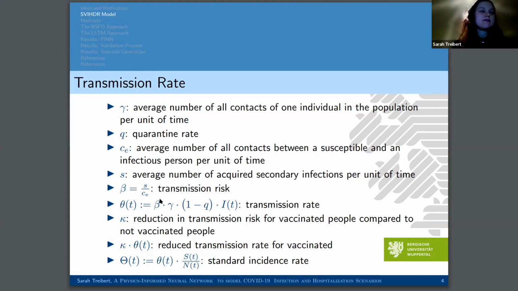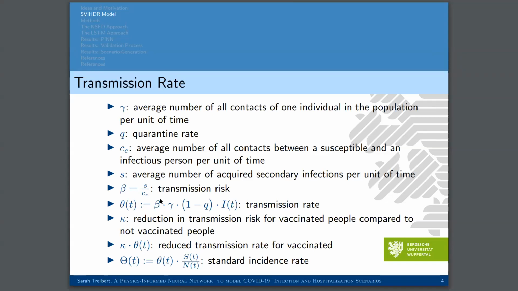That's also why I included time dependence in my master thesis modeling. But here we just use a constant value at first, and you can estimate it from the data as well. And it depends on the time window that you are looking at. If you're just looking at one wave, then it's okay to be constant. But if you look at the last 2 years, then of course it must be time dependent.